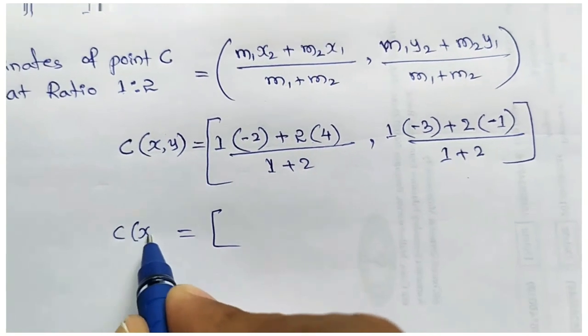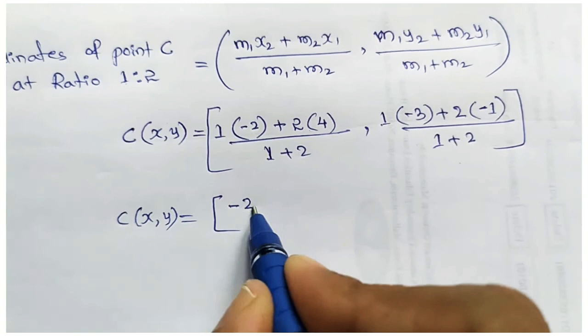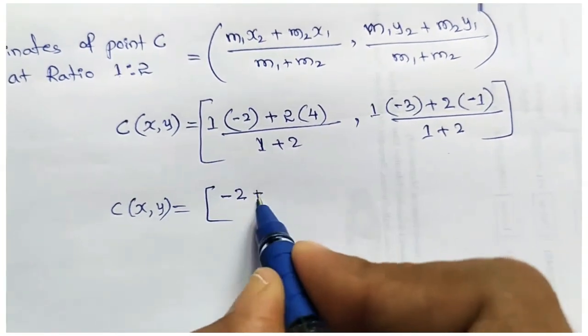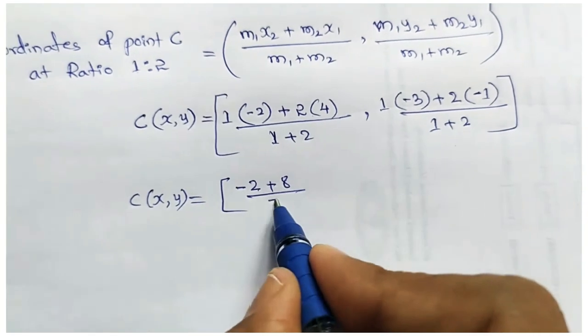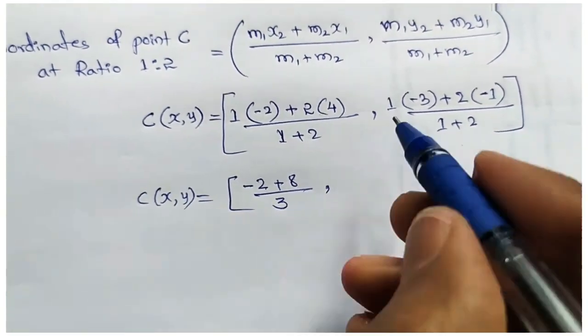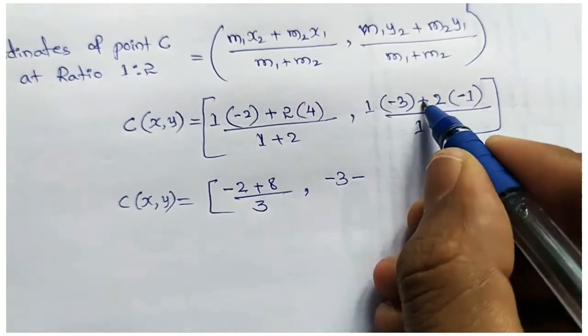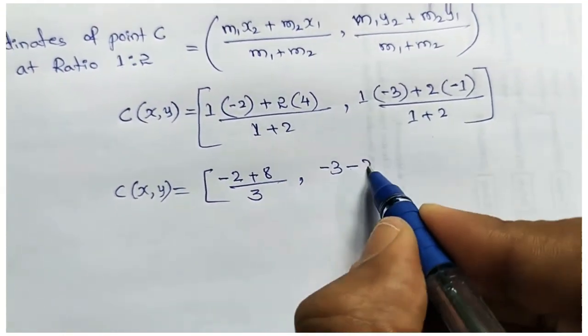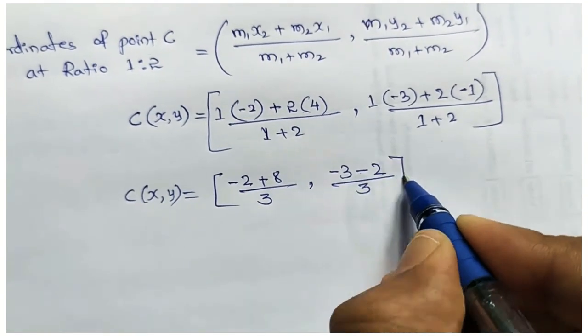C of x, y equals 1 into minus 2, because minus is there, plus 2 fours are 8, divided by 1 plus 2, 3. And 1 into minus 3 is minus 3, plus 2 into minus 1, minus 2, divided by 1 plus 2, 3.